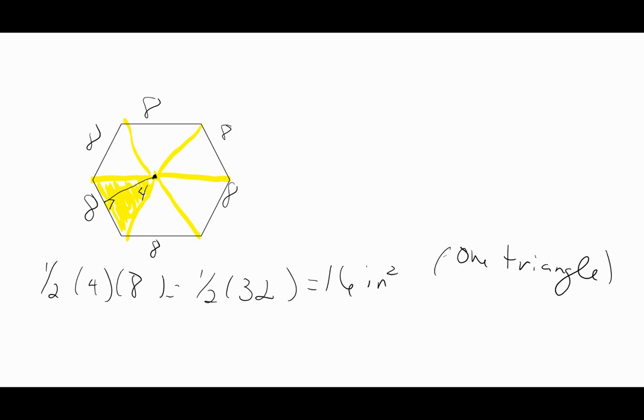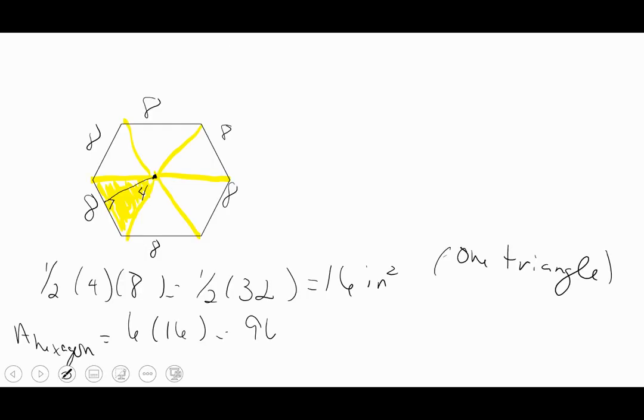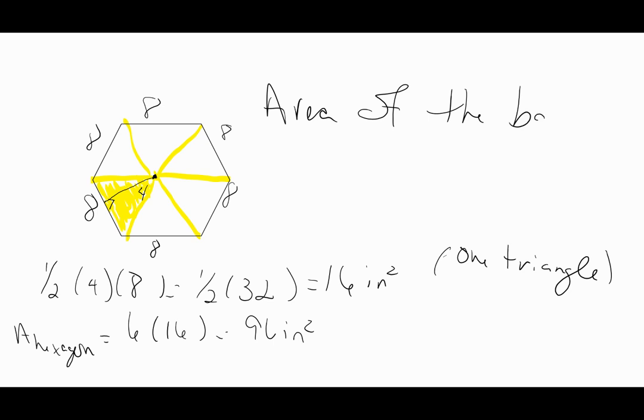Okay, so now the area total of the hexagon is 6 times 16, which gives us 96 inches squared. So this is our area of base.